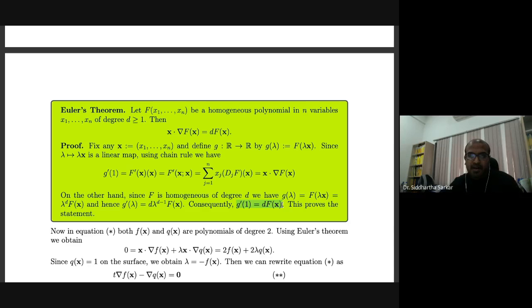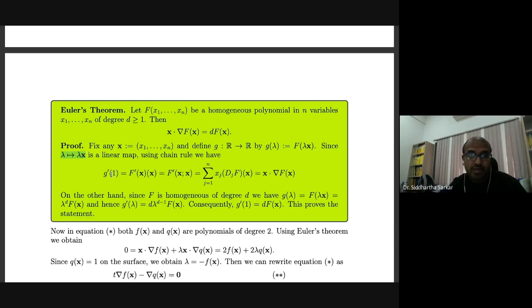Okay, now what I do is compute it the other way around using the chain rule. If I keep this as f of lambda x and compute g'(1), this turns out to be f' computed at x, and the linear map lambda goes to lambda x, computed at lambda equal to 1.